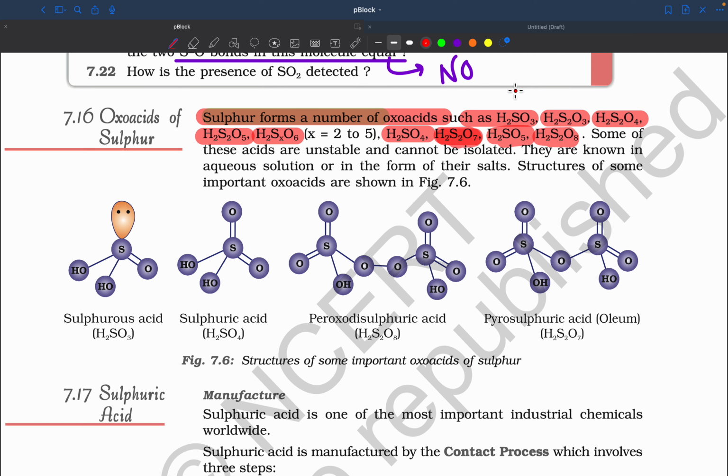Let us count how many are here. 1, 2, 3, 4, 5, 6, 7, 8, a total of 9 acids are given in the textbook.